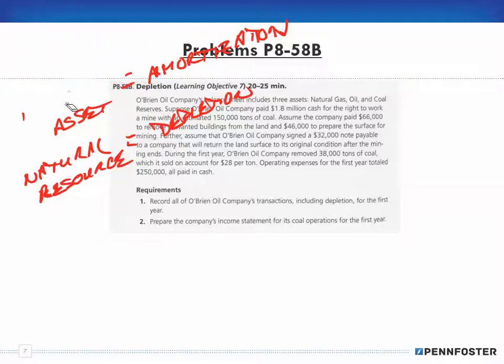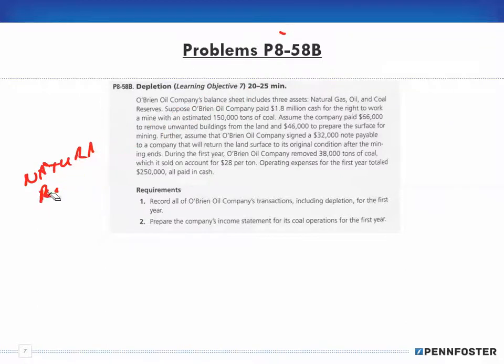If you don't understand depreciation, then go back and watch the theory videos on depreciation. We're only going to pick up with the new concepts, assuming that you already know the old stuff. So if you don't know the old stuff, go back and study it and watch it again. And again, depletion has to do with natural resources.